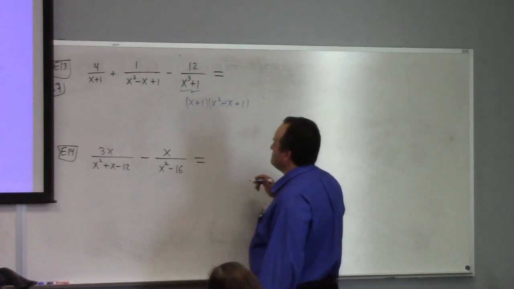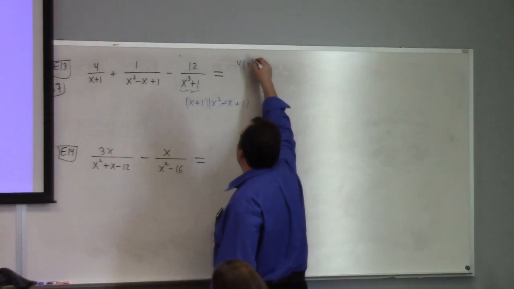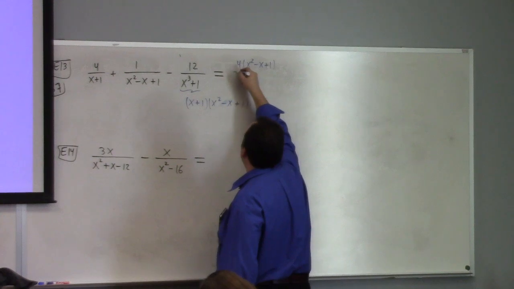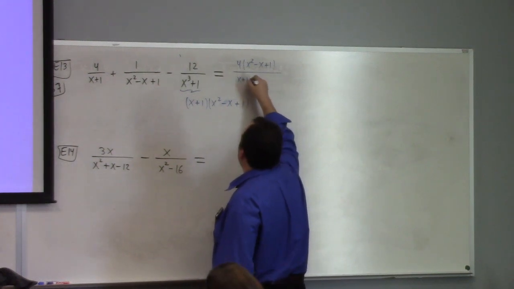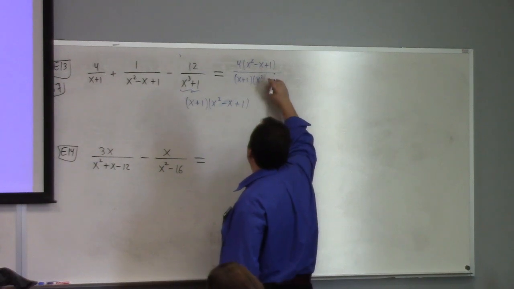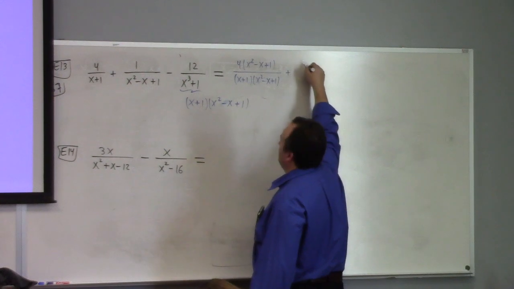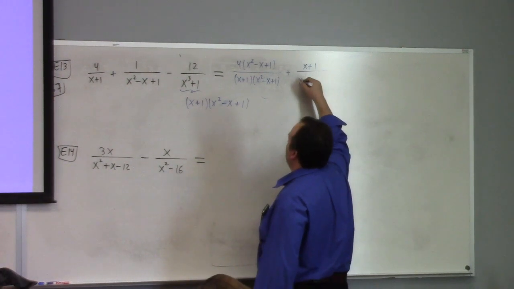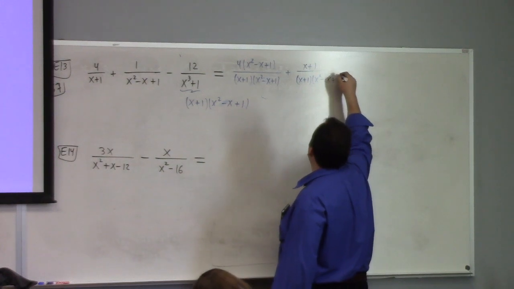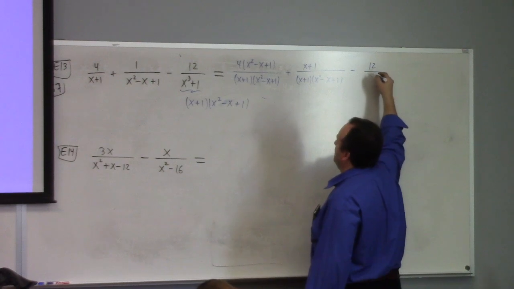So if you look at this, this is 4 times x squared minus x plus 1 divided by x plus 1 times x squared minus x plus 1. And then that I can rewrite as x plus 1 over x plus 1 times x squared minus x plus 1. And the last one, it's already 12 over x cubed plus 1.